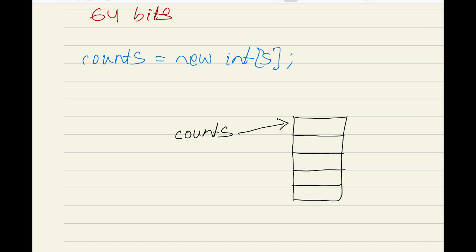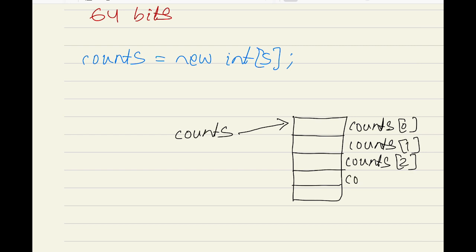Now this one is counts of 0, the second element is counts of 1, the third element is counts of 2, the fourth element is counts of 3, and this one is counts of 4.